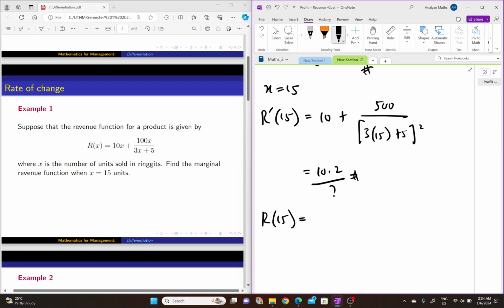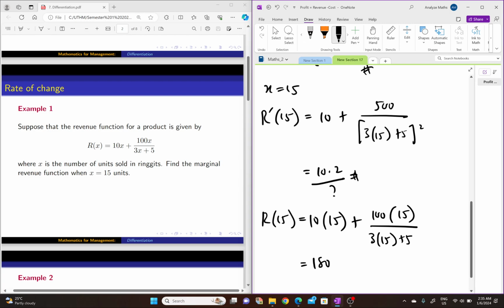Let's say x is shoe. If you sell 15 shoes, how much revenue are you getting? You press in the calculator, you get 180 ringgit.